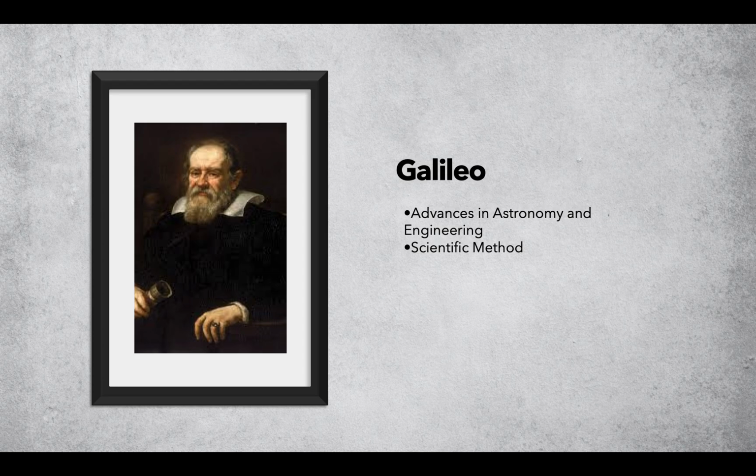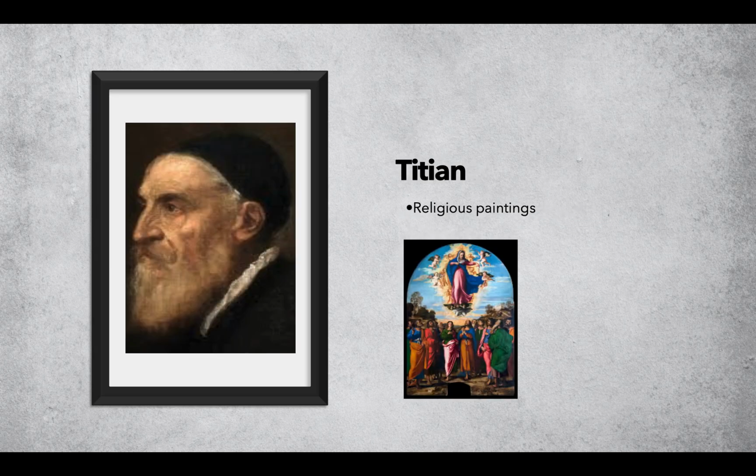He is remembered for his astronomy, engineering, and for being a physicist. He is also credited with developing the scientific method. Lastly is Titian, who is remembered for his religious paintings. Pictured here is Titian's Assumption of the Virgin, which is an altarpiece painted with oil paints.